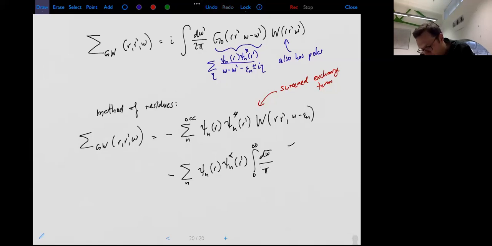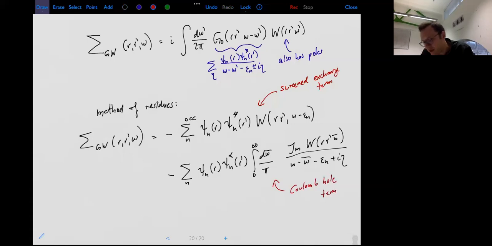Then you've got the imaginary part of the screened interaction at omega bar, omega minus omega bar minus epsilon n plus i eta. Right, so this second term, the so-called Coulomb hole term, arises from the poles of the screened interaction.